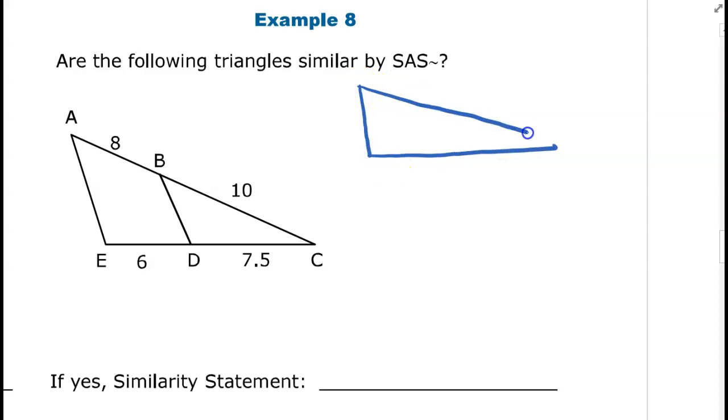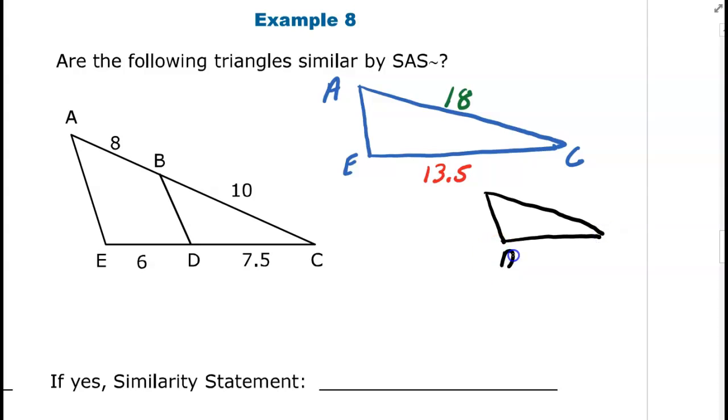So I see the large triangle, AEC, and the length of AC is 18. I got that by doing 8 plus 10. The length of EC is 6 plus 7.5, which is 13.5.